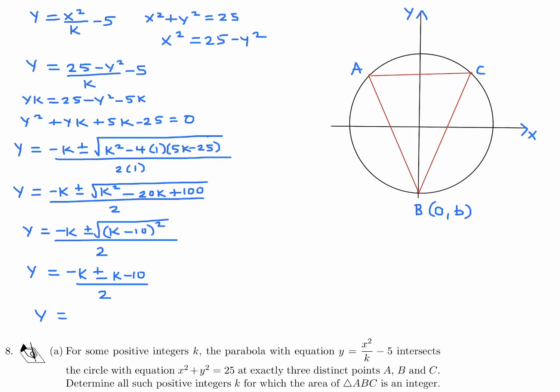The plus one, the k's would cancel, so it would be −10 over 2, which is −5. And then the minus one would be (−2k + 10) over 2, so when you divide by 2, it'll be just −5 − k + 5.